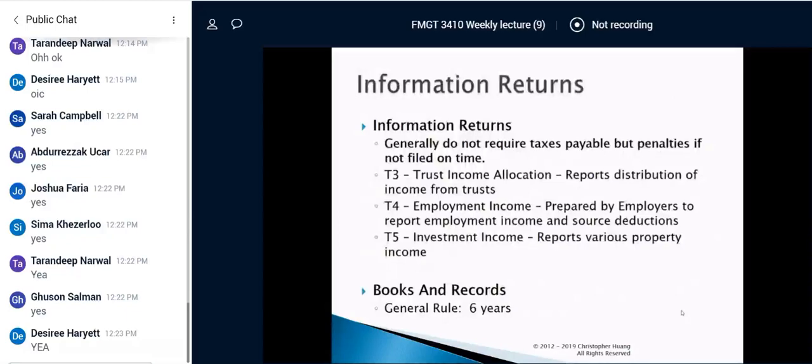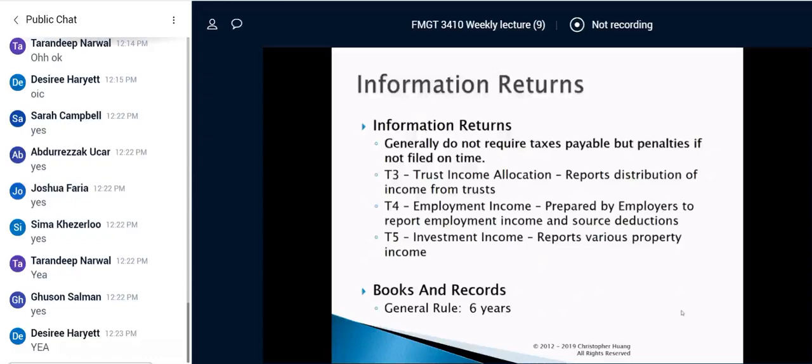And again, some returns are considered information returns. T3s, if you have no tax owing, are like an information return because you still have to tell the government what you've distributed to the beneficiaries of your trust.